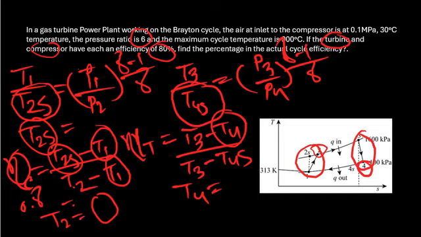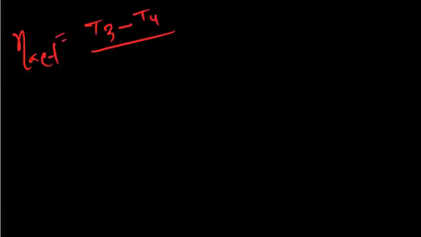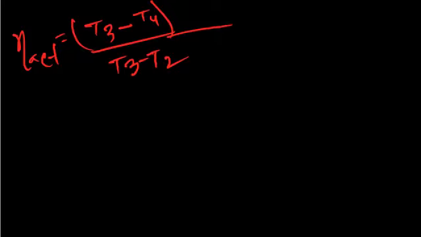Again, the actual efficiency equals T3 minus T4, minus T2 minus T1, divided by T3 minus T2.